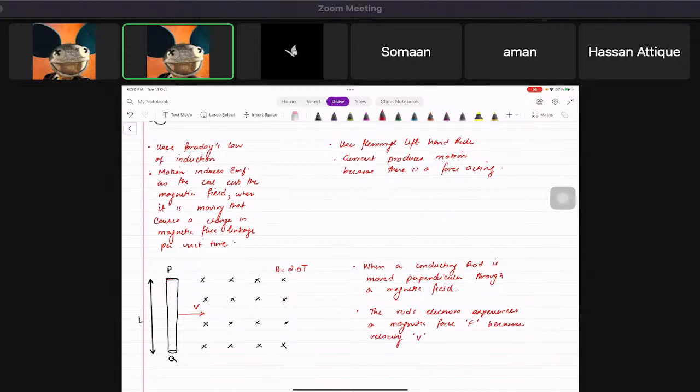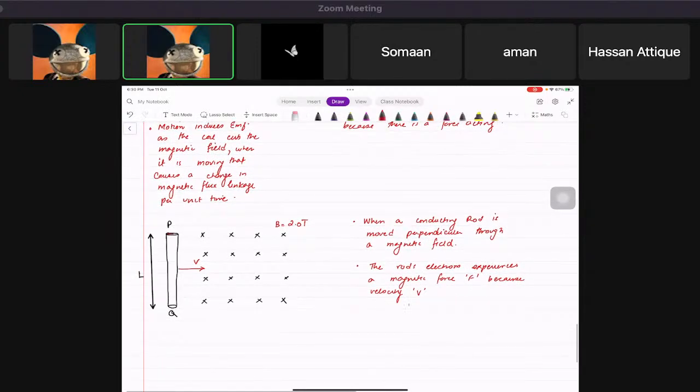Because of this velocity that we're moving it at, the force, we know already, comes from the equation BeV that we have done in the previous chapter that you might remember.